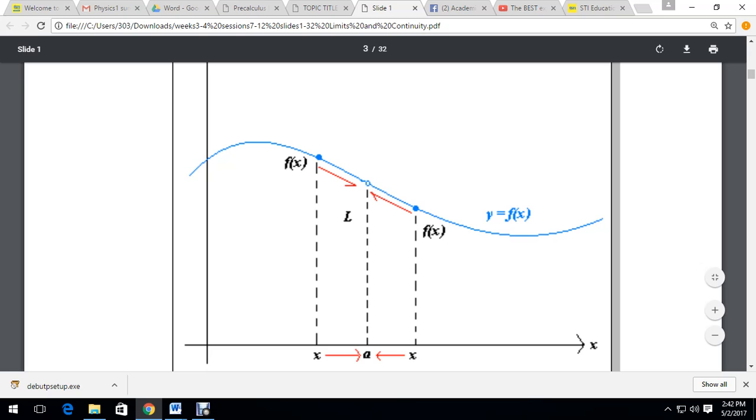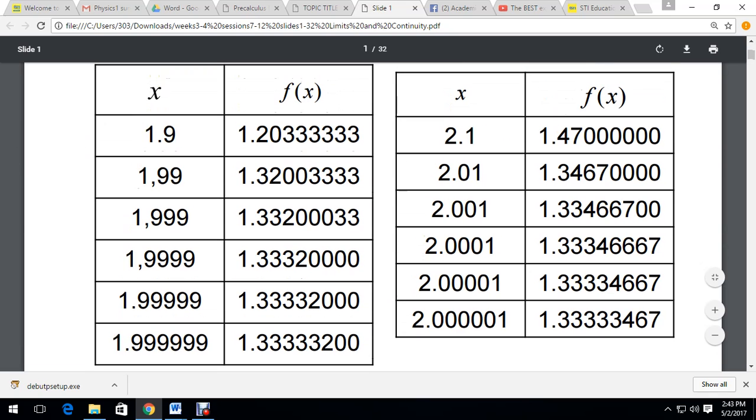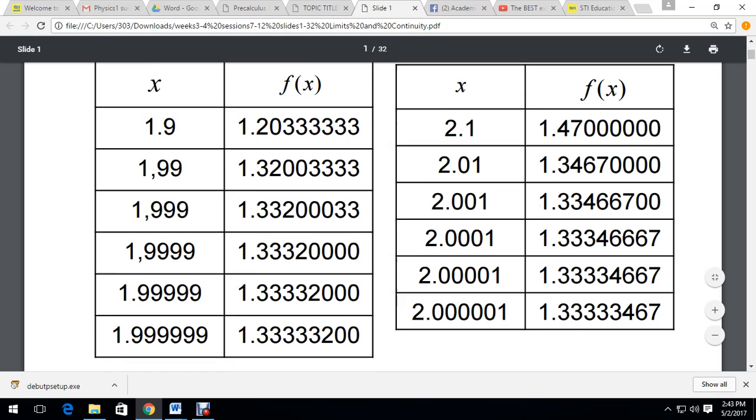At this vicinity of a, where we have x and the red arrows, this is what is meant by x approaches a. The approach could be coming from above a or below a, just like what we illustrated in the table. The value a equals 2 could be approached from below 2 or above 2.